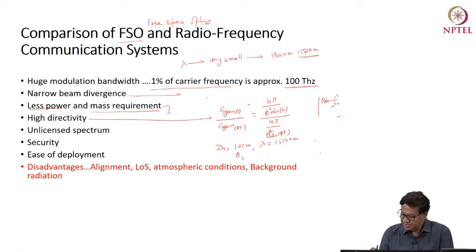Then theta divergence for optical I get is about 40 microradian, and I can get a gain of 100 dB, which is huge.